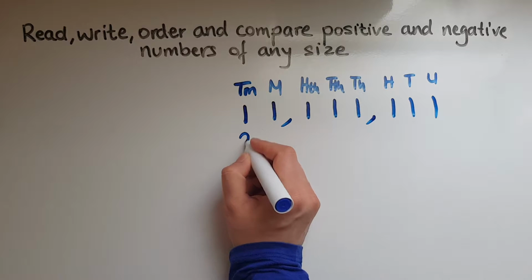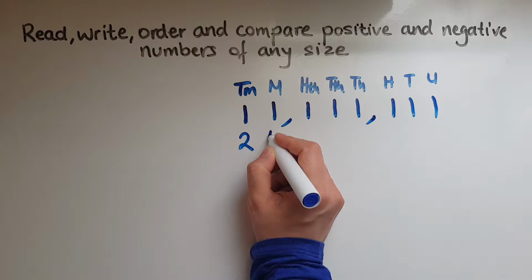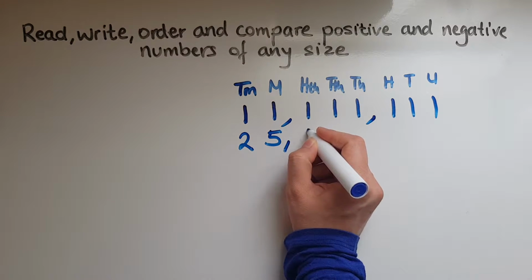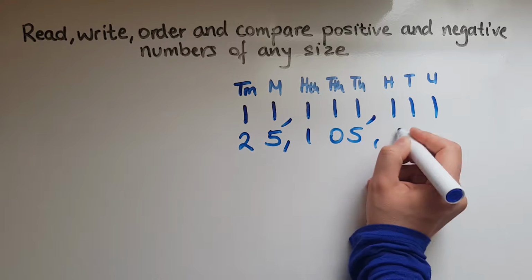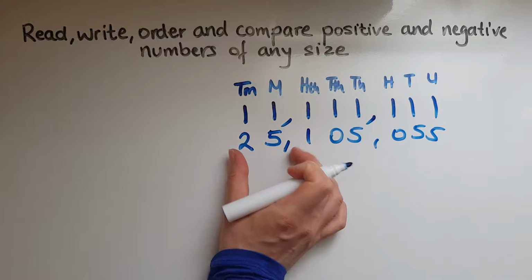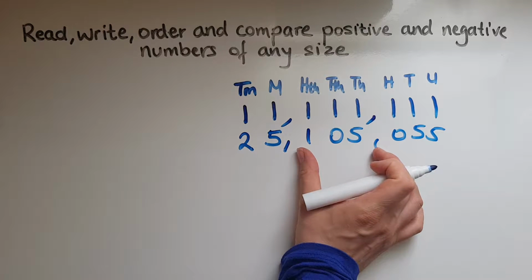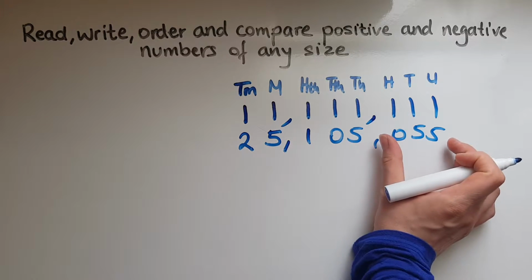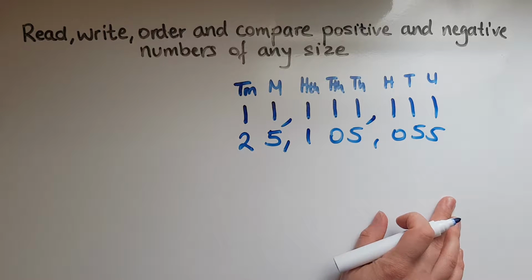So this here would be 25,105,055. So we read them in groups of 3.